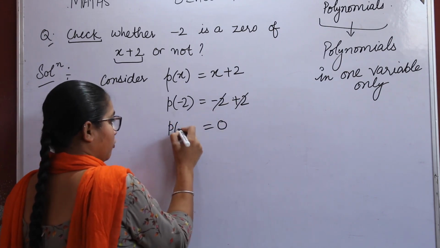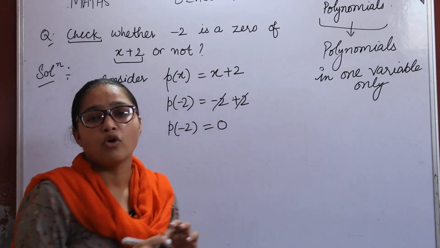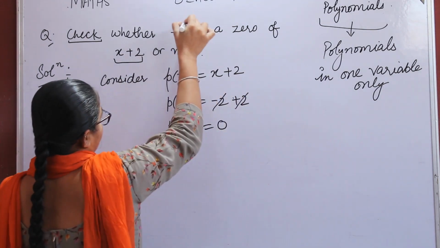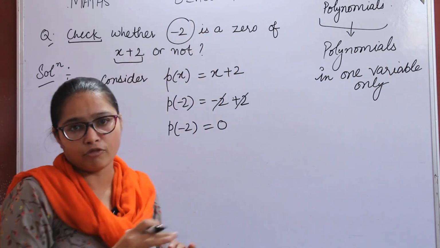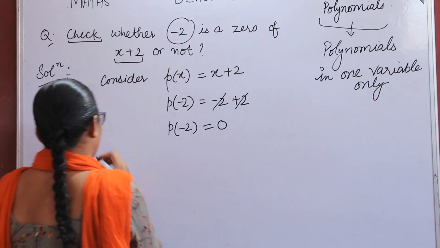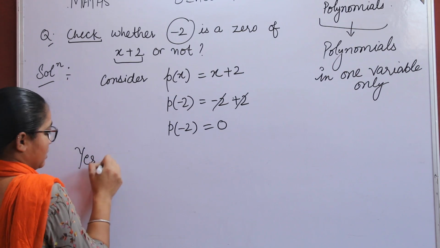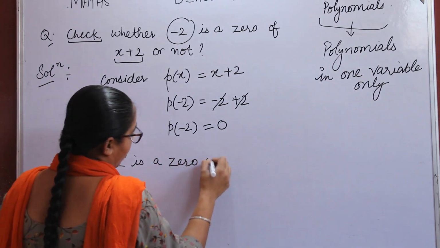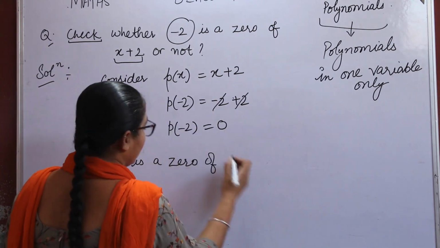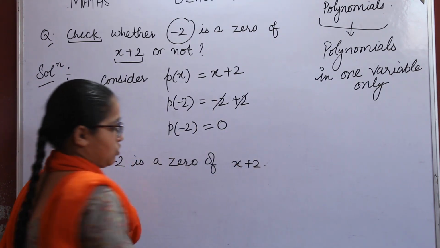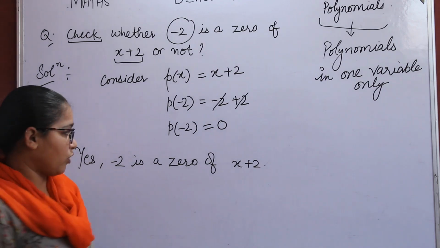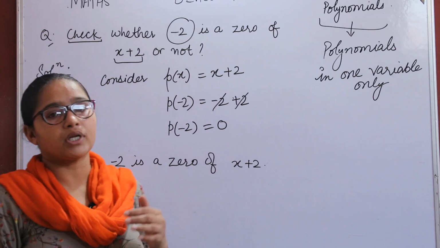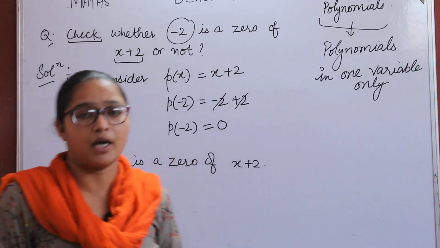So now p of minus 2, the answer is 0. When you get your answer 0, it means that this is a 0 of the polynomial. Okay, so now you have to say yes, minus 2 is a 0 of p of x, x plus 2. Got it? So if you get the value of your polynomial 0, then you can say that yes, this is the 0 of our polynomial.